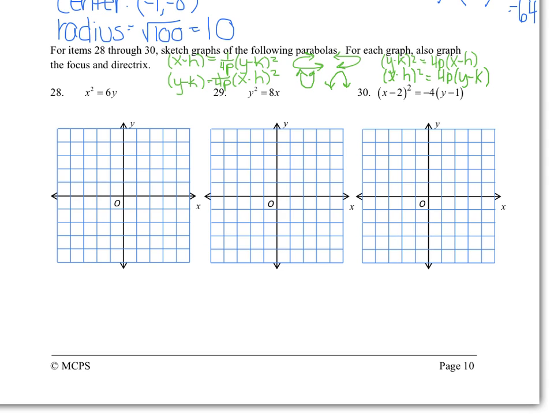So looking at number 28, x squared equals 6y, I can tell that it's going to be of the form like this. So I can choose to rewrite the equation the way I personally like, which gives me y equals 1/6 x squared, or I can look at it the way it is, but this tells me that it opens up.